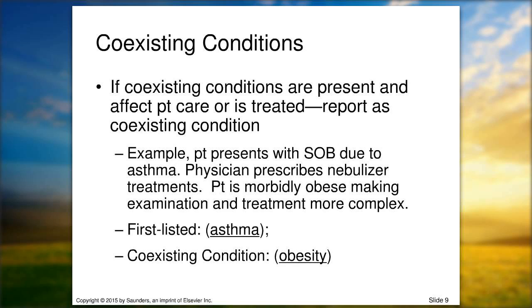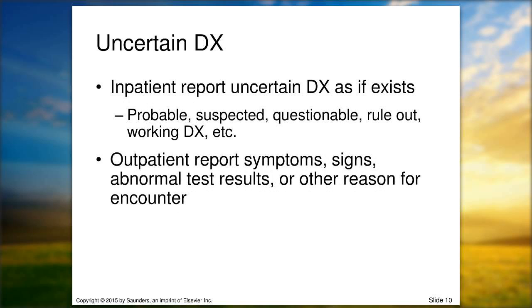A physician prescribes a nebulizer treatment. The patient is morbidly obese, making an examination and treatment more complicated. So, your first listed diagnosis would be asthma. Your coexisting condition would be obesity. The examples in your step-by-step book are really good. Those are definitely things that I recommend that you read.